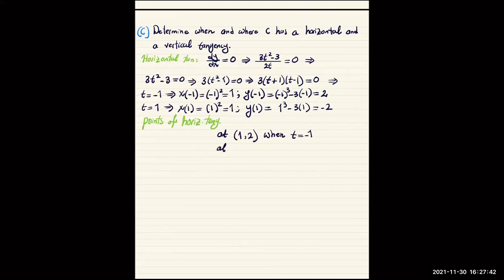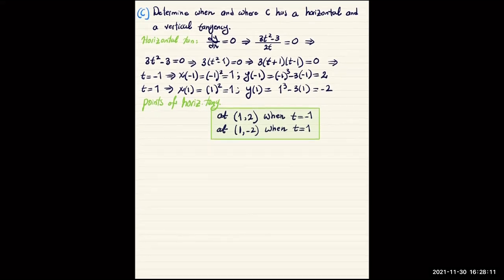And we have also at 1 for x, -2 for y, when t is 1. All right, this is going to help you tremendously with the graph. We know where the local maximum happened.